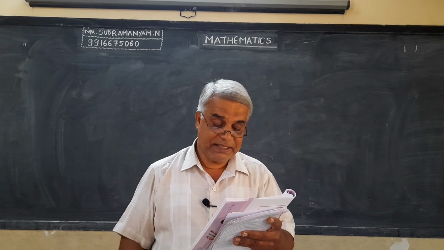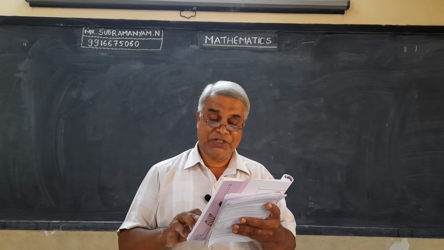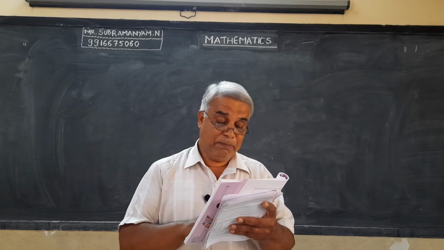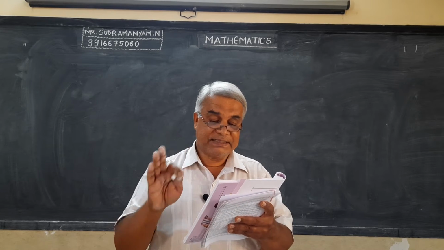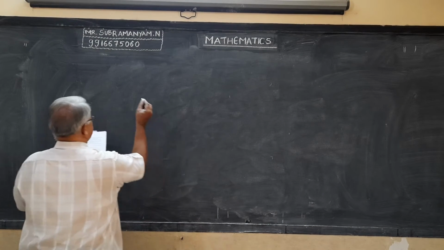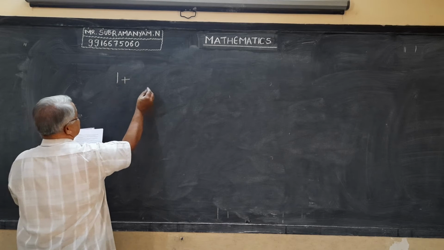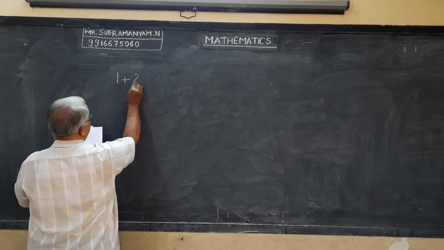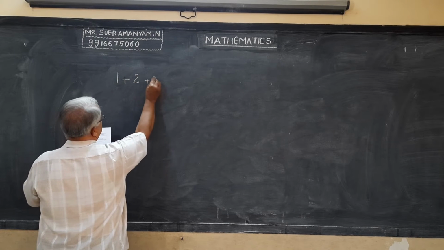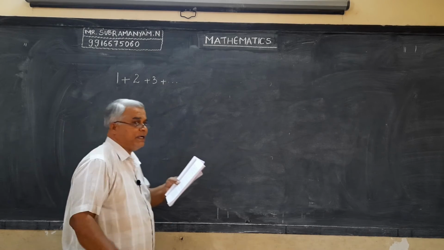It was decided that the number of trees that each section of a class will plant will be same as the class number. That means first standard will plant 1 tree, second standard will plant 2, third standard 3. Like this they will plant.